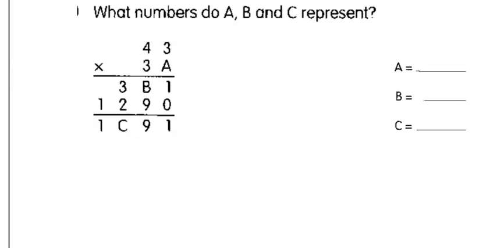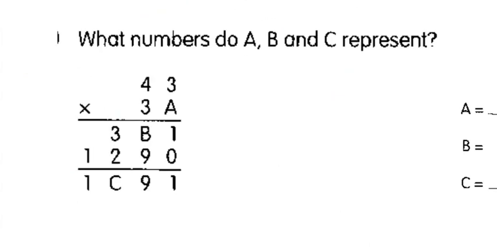Here is a challenge problem. A times 3 gives me 1. You know that there is no number multiplied by 3 that gives you 1. So maybe this one is not 1. Maybe this number consists of 2 digits, so this one may be 21.